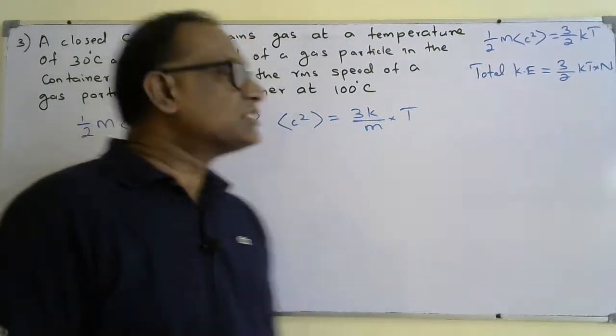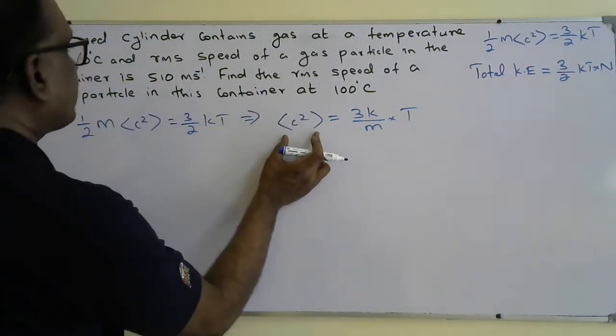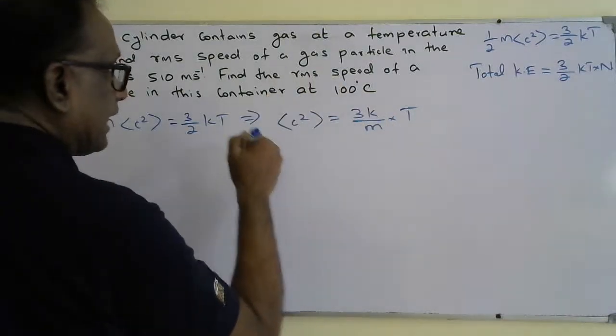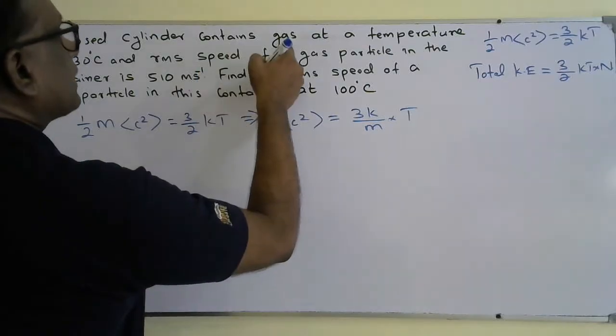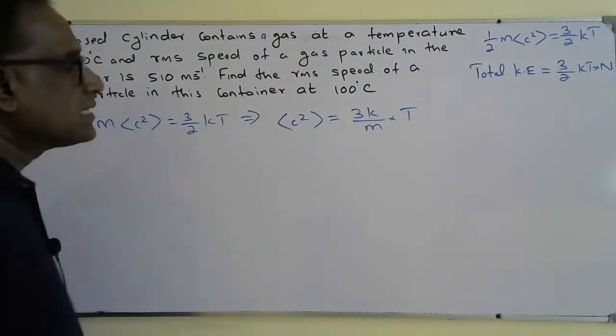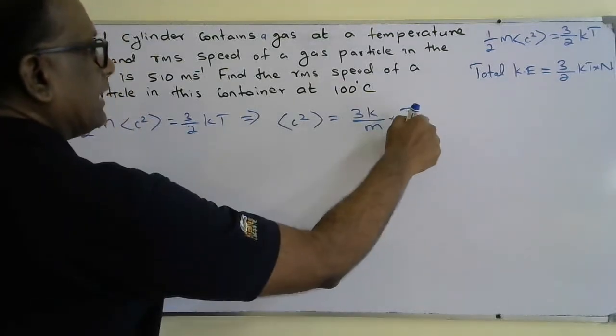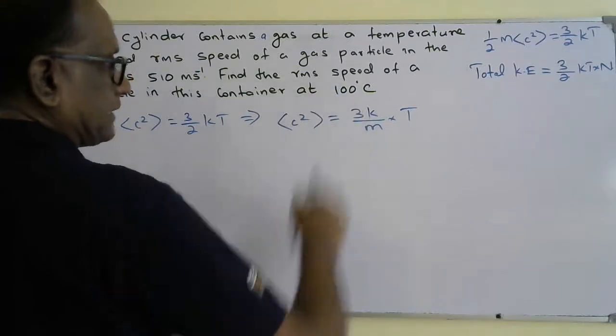So I'll keep it in mean square speed. So r.m.s speed is given as 510, which means this is 510 squared. The same container, same mass of the gas particle. It contains a gas, a particular type of gas. k is constant. So T we know initially. We need to find the r.m.s speed at a particular temperature, 100 degrees Celsius.